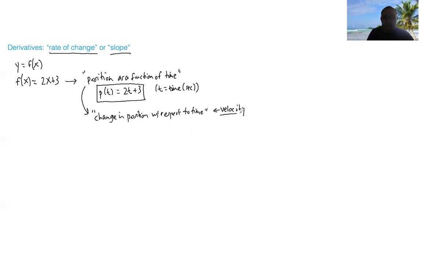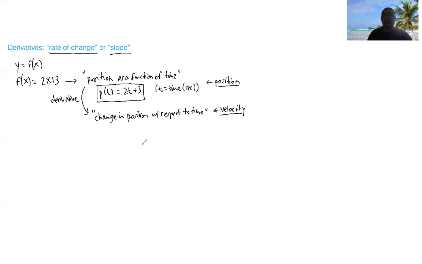And so this is a key term to remember, as well as position, and I have it written on the left as well, okay? And so in order to go from position as a function of time to velocity as a function of time, we need to do something called take the derivative, okay?